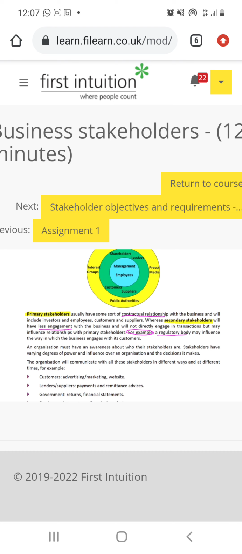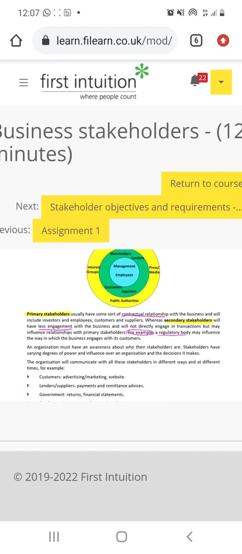For example, thinking about the regulatory body for financial services, we have the Bank of England and the FCA, the Financial Conduct Authority. They'll regulate how banks engage with their customers in terms of protecting the consumers, the marketing, and they set the standards within the financial industry.